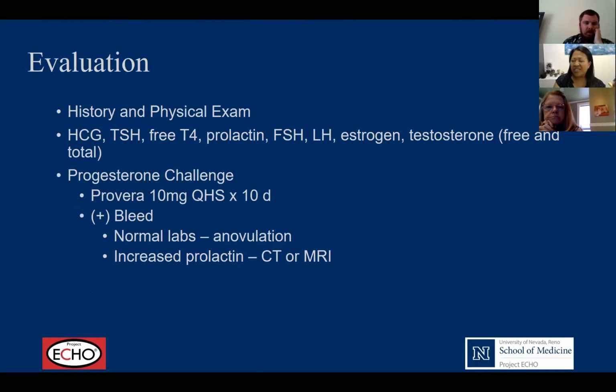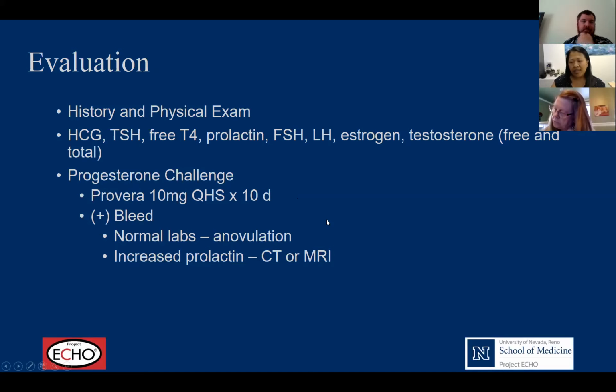I think one of the things that's a little bit different in secondary amenorrhea is that you can do a progesterone challenge, which is essentially progesterone pills called Provera that are 10 milligrams. It's a once-a-day pill. You write a prescription for 10 days. They take one each day, and within 3 days of the last pill, they should bleed, okay?